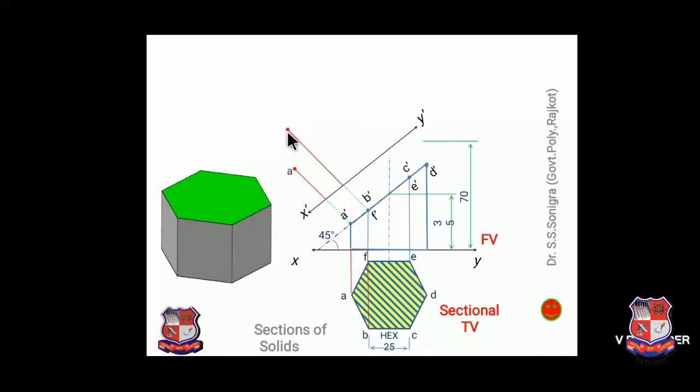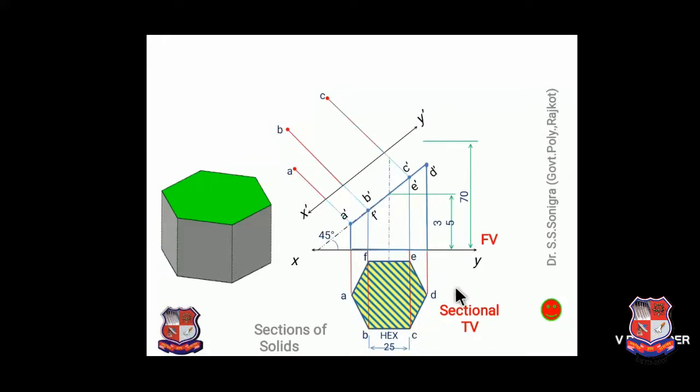Here is point B. Similarly, to find the location of point C, measure the distance of the top view of point C from the XY line. Now from point C dash, draw a line perpendicular to the x dash y dash line, mark this point as a center and draw an arc, and it will cut this line at point C. So this distance and this distance, XY line to C, are the same.